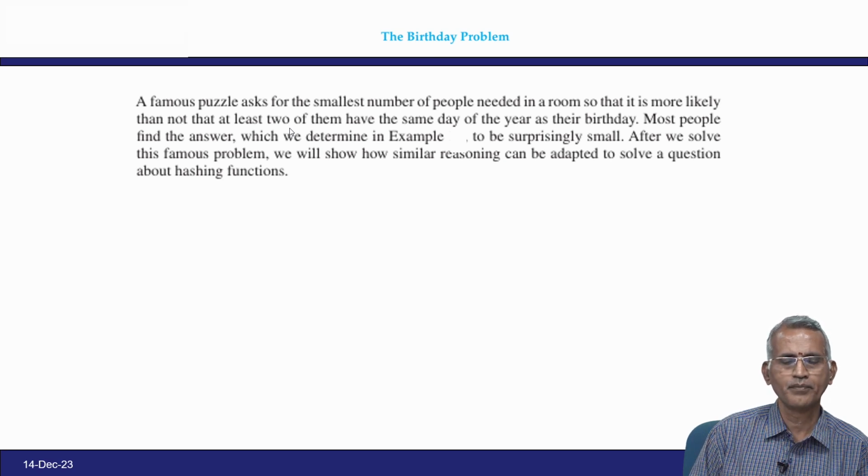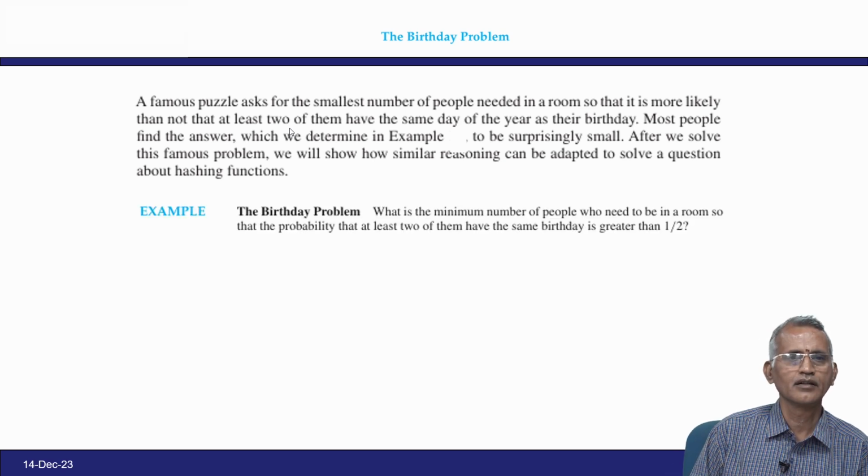Most people find the answer, which we determine in the following example, to be surprisingly small. After we solve the famous problem, we will show how similar reasoning can be adapted to solve a question about hashing functions. So, the example is the birthday problem.